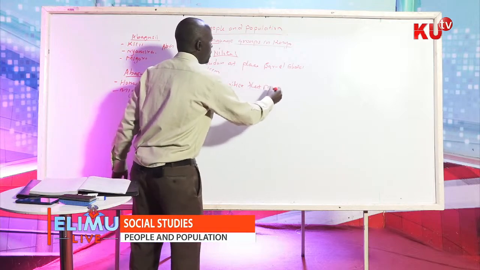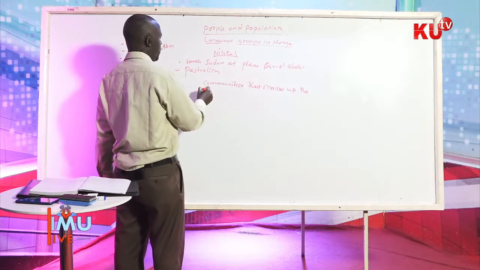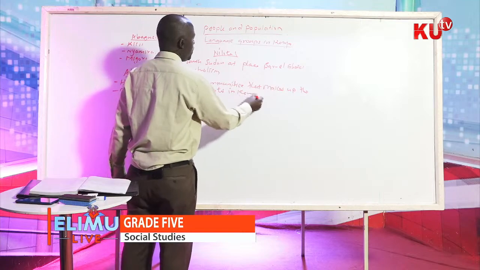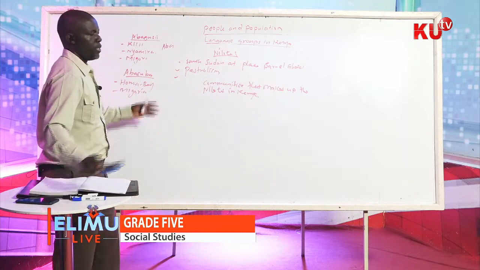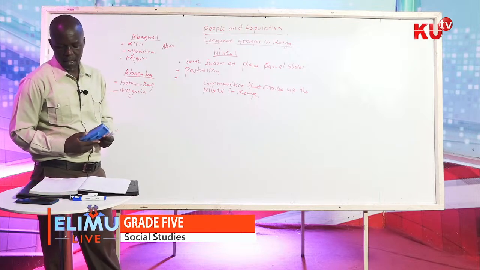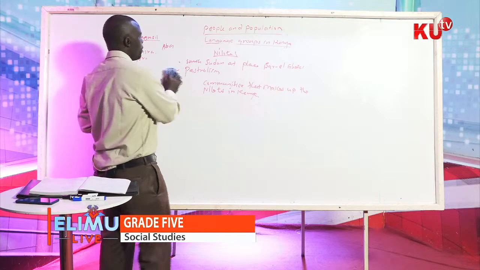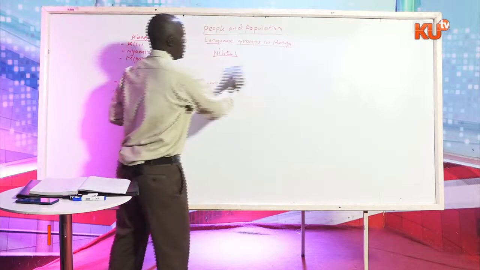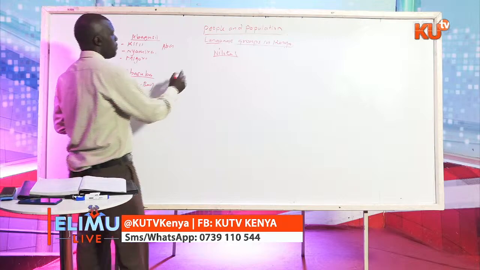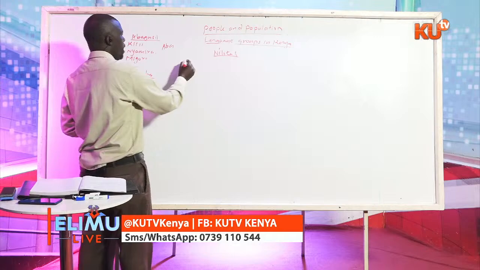Now, so then we have the communities that make up the Nilotes in Kenya. Just like we said the Bantus are made up of several sub language groups, the Nilotes are also made up of sub groups.